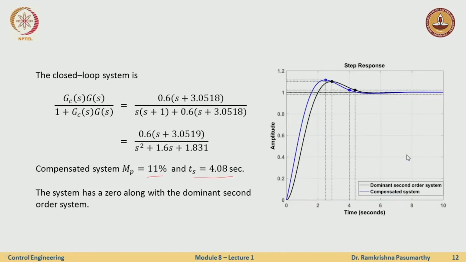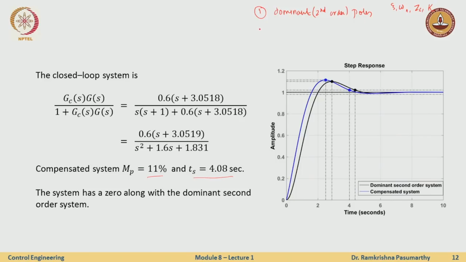Now let us see how close these two plots are. All my specifications are in terms of dominant second order poles. What I designed in terms of zeta, omega n, and the appropriate K was only based on the response of a standard second order system.